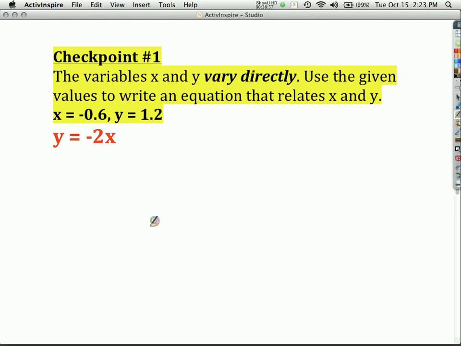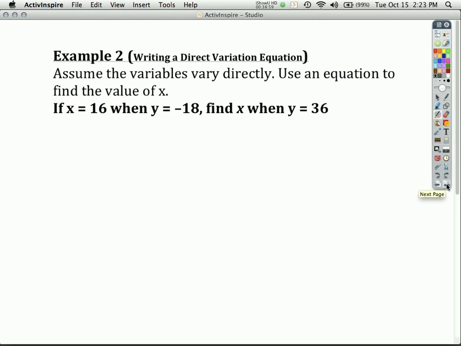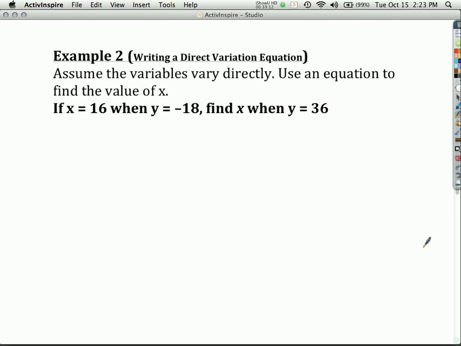Okay. All right, so now we take what we've learned and go to the next level. So, this is another way that it will be written in certain instructions. Assume the variables vary directly, or the variables do vary directly, or it'll be something about direct variation or varying directly.